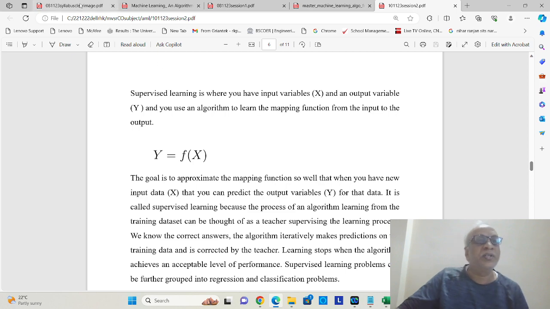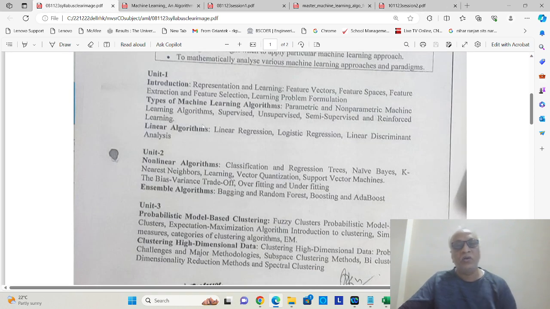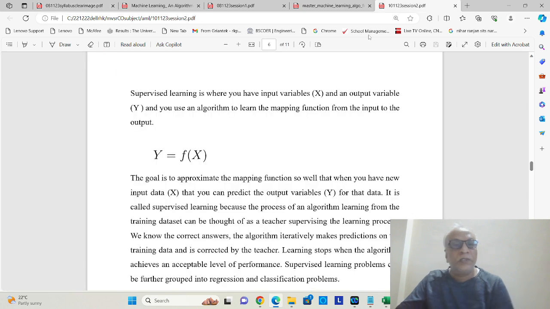Let us continue our discussion of the introductory topics, that is supervised, unsupervised, semi-supervised, reinforcement learning. So this is the function which defines a supervised learning algorithm.